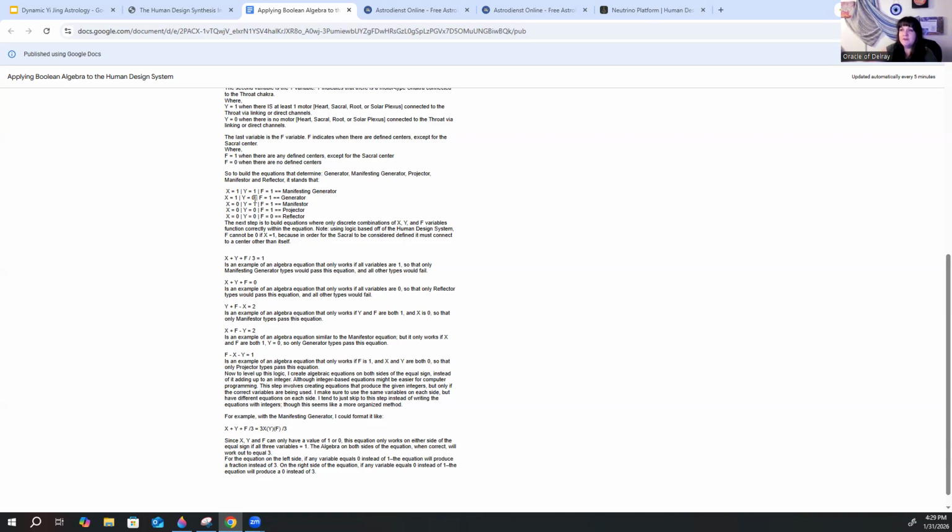Generators have a Y value of 0. So it's 1 plus 0 plus 1, which is 2/3, which is not 1. So it fails the equation. Only manifesting generators with these 3 values will pass this equation, and the rest of them will fail with their respective values. Each equation is set up differently so that only one type passes and the rest fail.